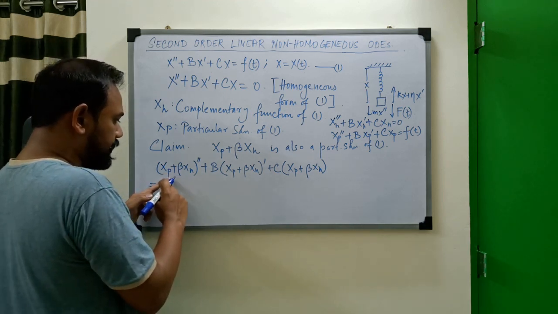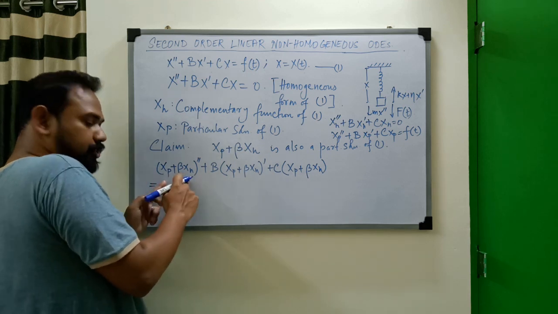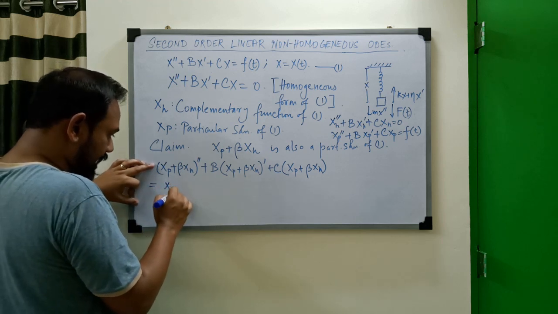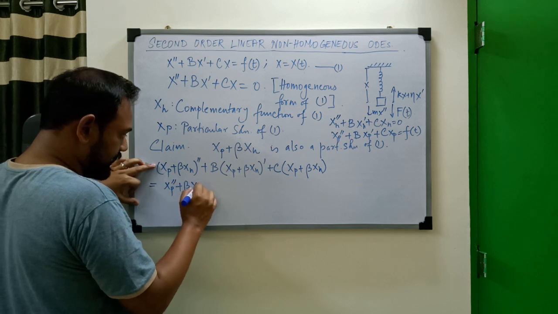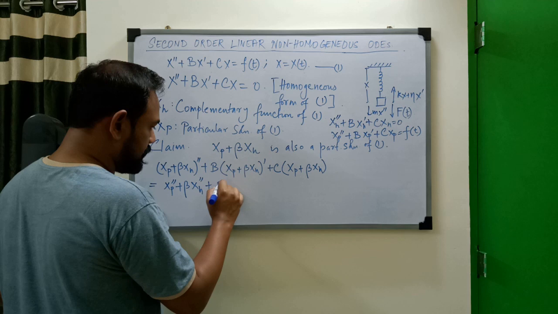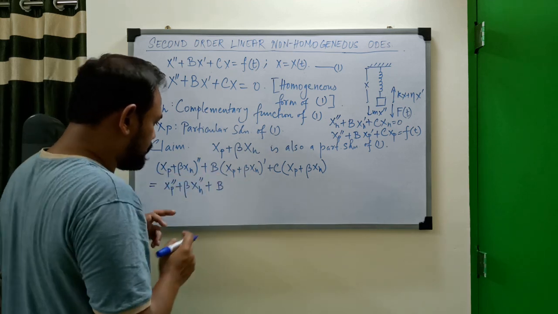Double differentiation of addition of two functions is the addition of the individual differentiations. So I would have xp double prime plus beta, which is a constant, xh double prime plus b. This is b, don't confuse between beta and b.